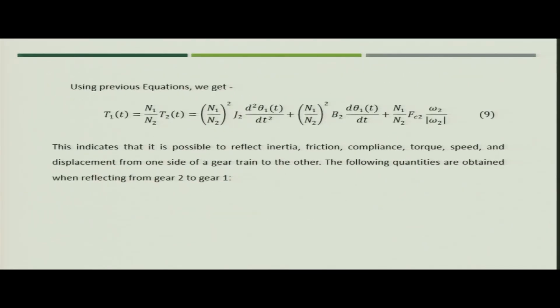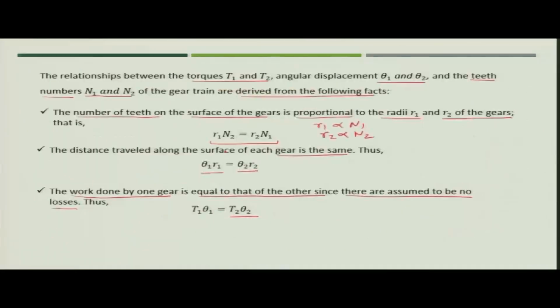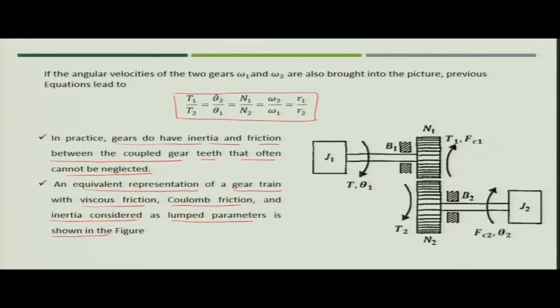So, we will use T1 is equal to N1 by N2 into T2. We write the equation of T2 here and simplify with the help of these two equations. So, we can write these theta in terms of theta 1 with the help of again the correlation which we have, theta 2 by theta 1 is nothing but N1 by N2.